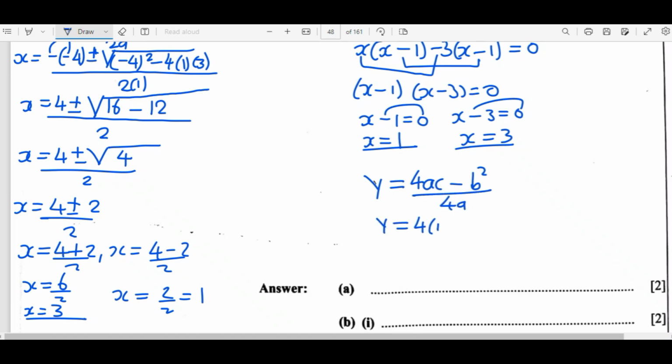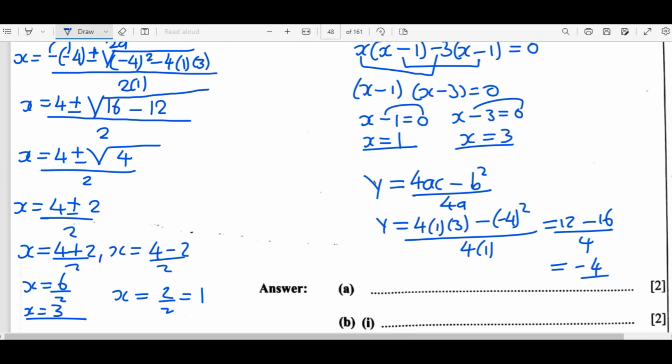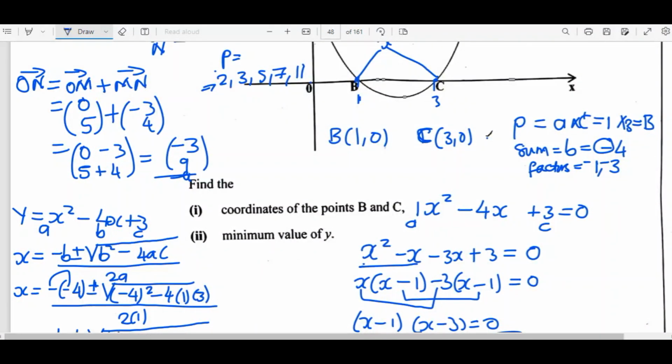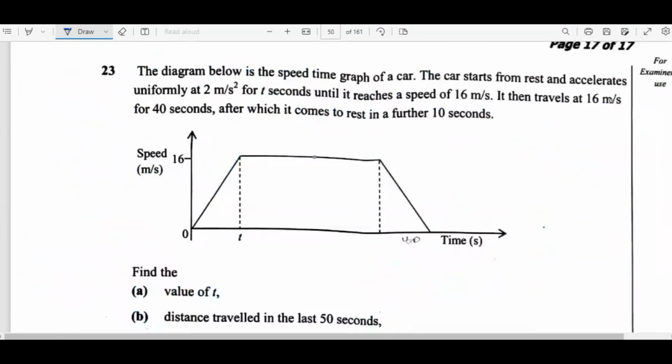So remember, a is 1, c is 3, then our b is negative 4 squared, over 4 times 1, which is here we have 12 minus 16 over 4, giving us negative 4 over 4, giving us negative 1. So that is our minimum value. So let's see if it's making sense. So this is where our turning point is. So if you go to the y-axis, we are expecting to get negative 1. So this is making sense.